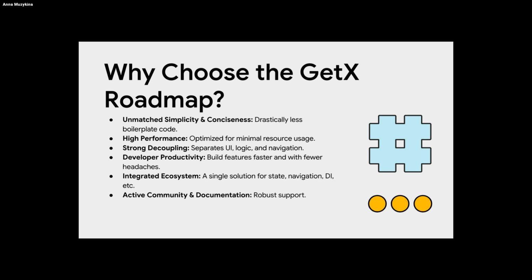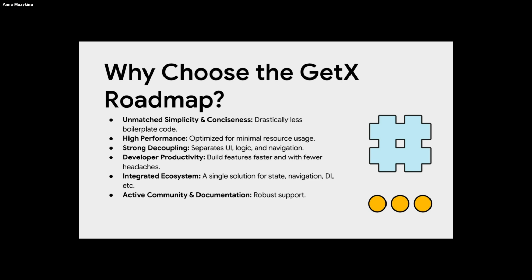So, from my side, GetX's strength lies in its comprehensiveness and developer productivity. It provides almost everything you need out of the box in a highly performant and easy to use manner. For many developers and projects, especially those looking for a fast development cycle and a unified approach, GetX is indeed an excellent and often best choice.